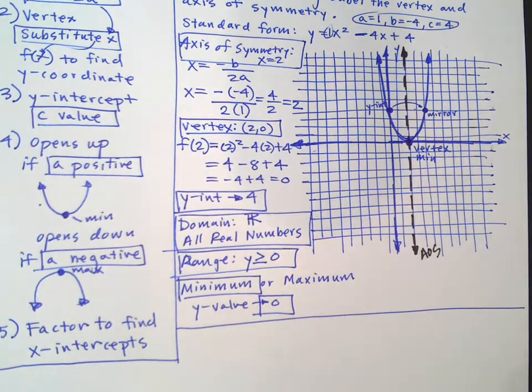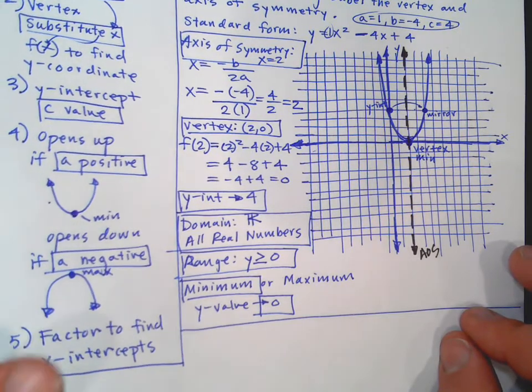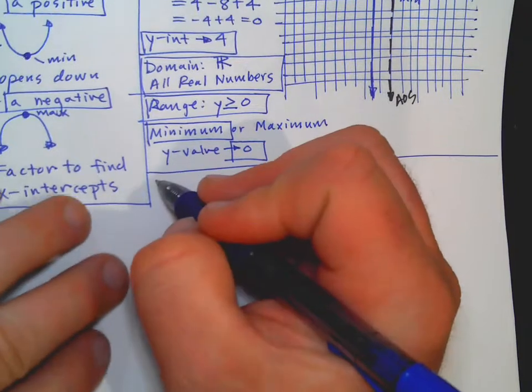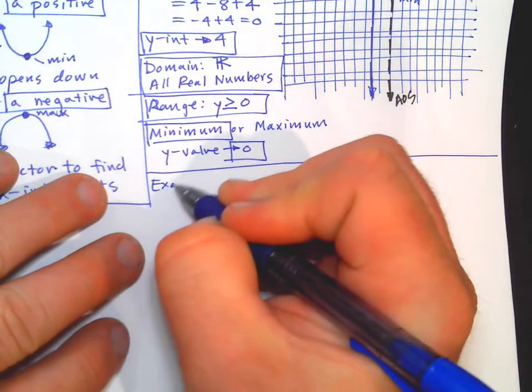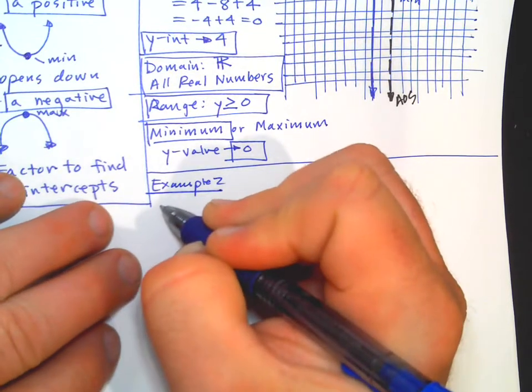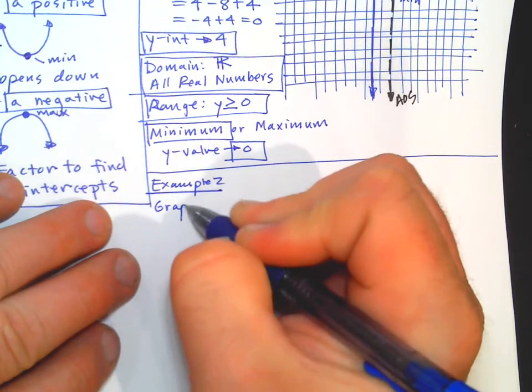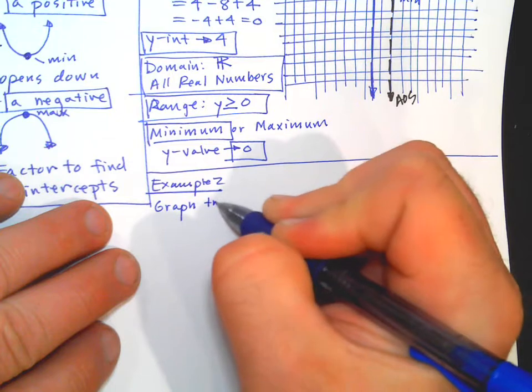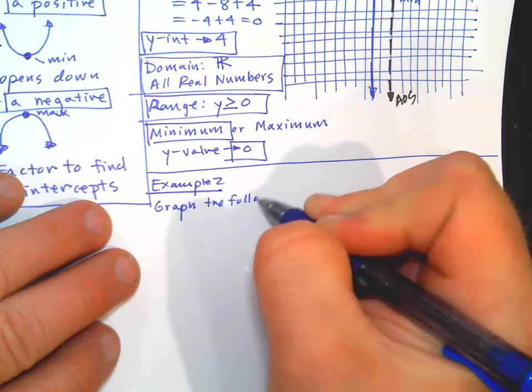Okay. Now, we're going to just try a couple more examples. So let's see. Let's try example 2. The instructions are going to be the same. Graph the following.